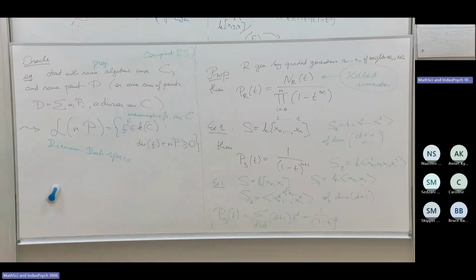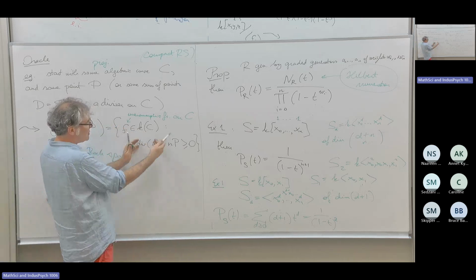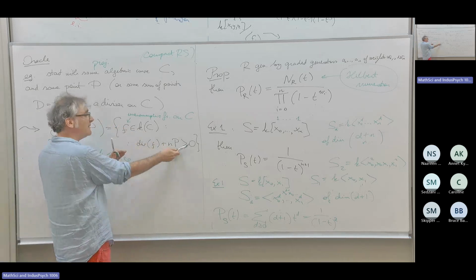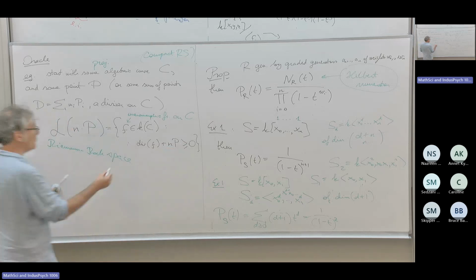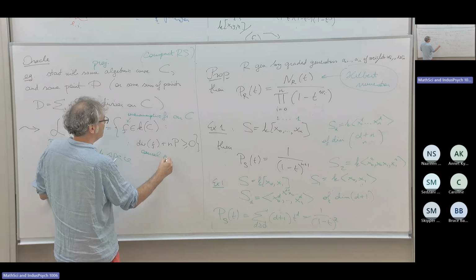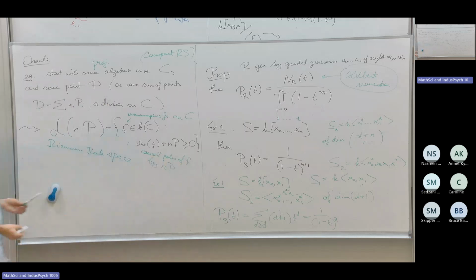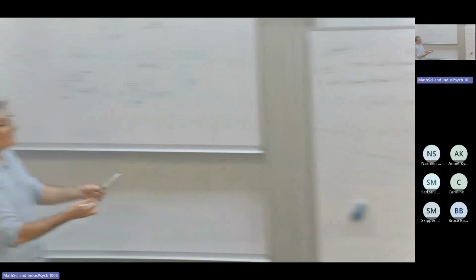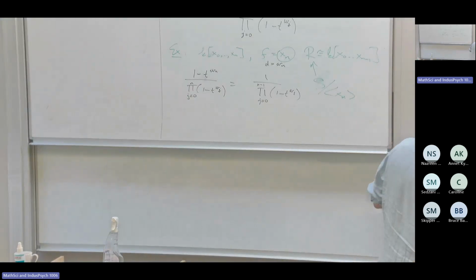Take some compact Riemann surface, take a bunch of points, and look at meromorphic functions such that if I take the divisor of that meromorphic function, poles minus zeros, and add n times my point, then I get a non-negative divisor. So in other words, f at worst has n times P as poles. So that's the Riemann-Roch space.